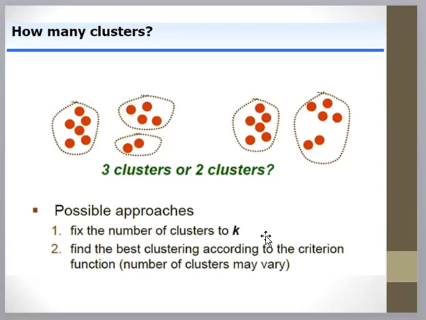Another approach is to find the best clustering according to a criterion function. So we can define a function in which the number of clusters may vary, and then that function will try to find the best number of clusters.